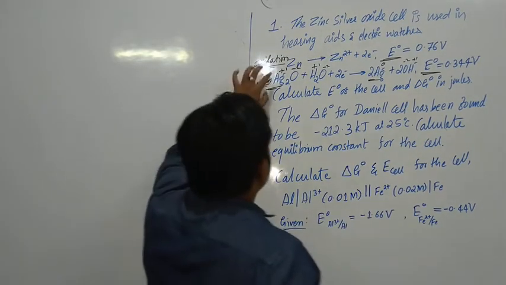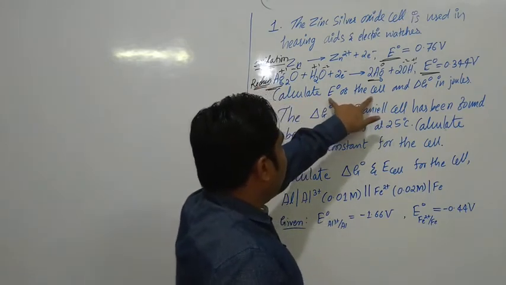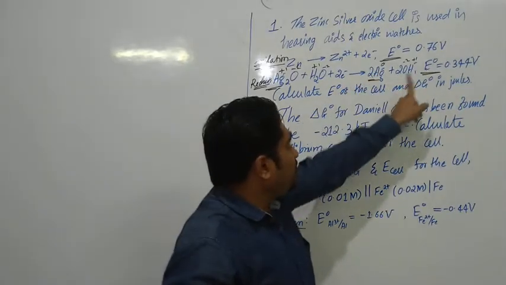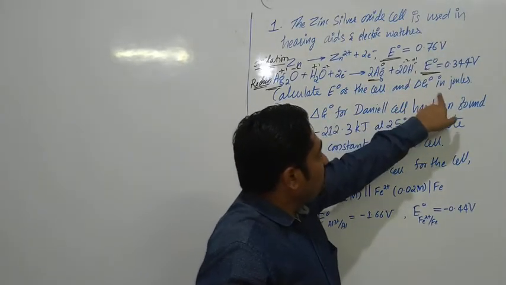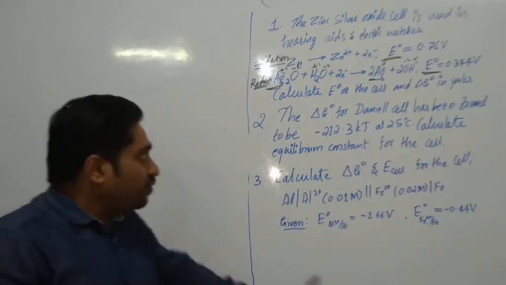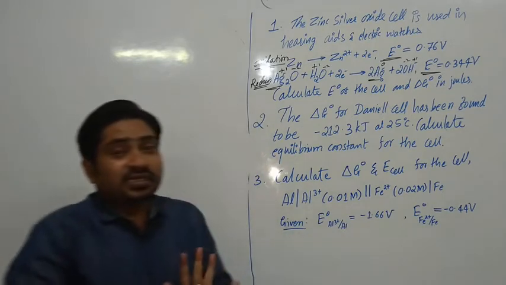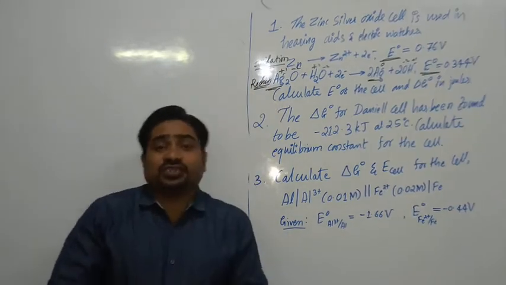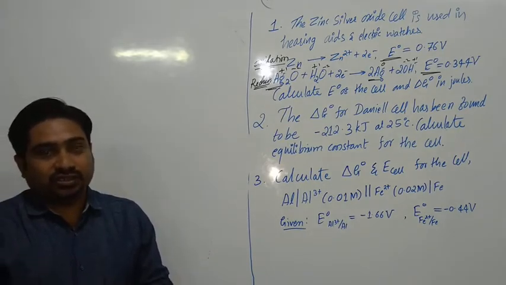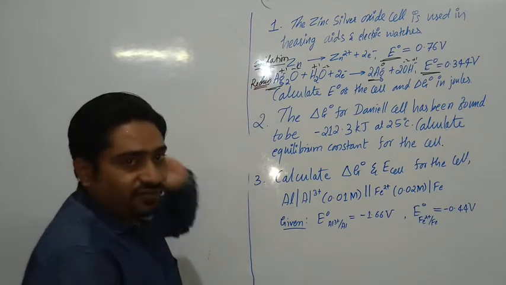So we have to calculate E naught of the cell, the standard electrode potential of the cell, by using these two values, and delta G naught in joules, the Gibbs free energy in joules. Such types of questions come in board examinations as well as in NEET and JEE examinations. So this type of example or problem is very important.